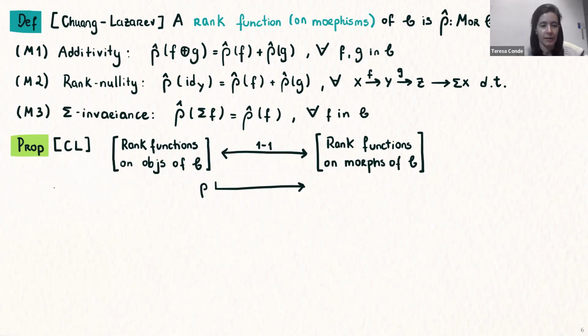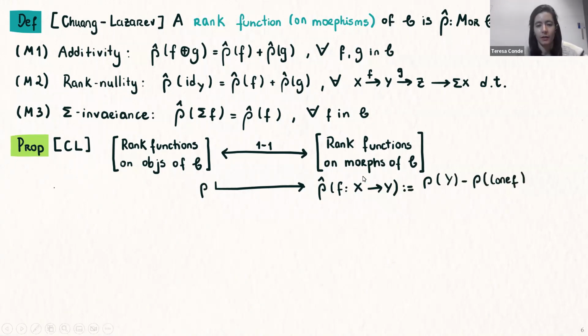Well, if we start with a rank function on objects, let's call it rho, then one should assign to it the rank function rho hat, defined via this quotient over here.